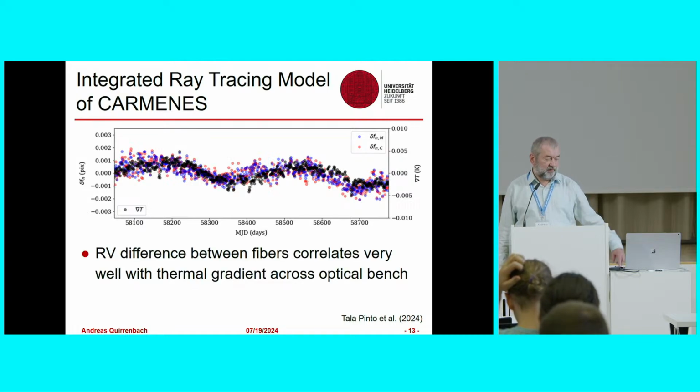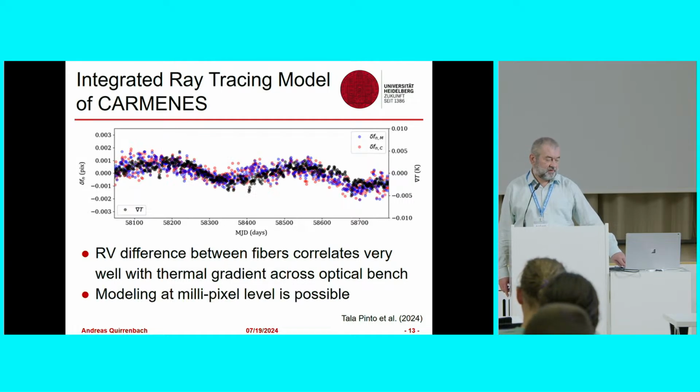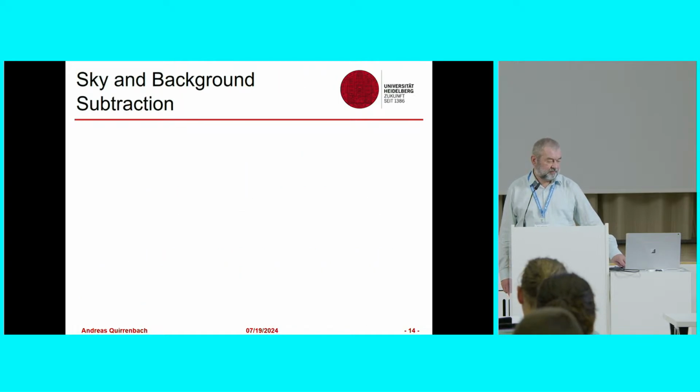So the RV difference between 2 fibers here is correlated with thermal gradient across the optical bench. So you can model that, and it is very highly recommended that you build a model of your spectrograph and run this to understand how it is behaving on the millipixel level.